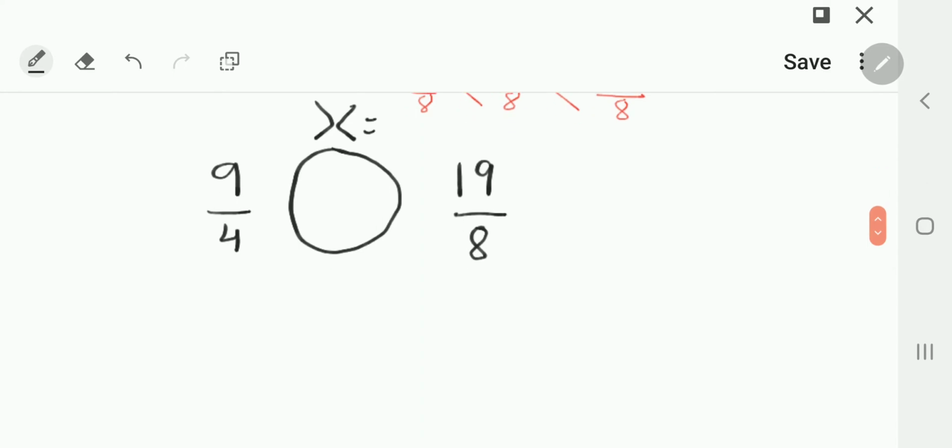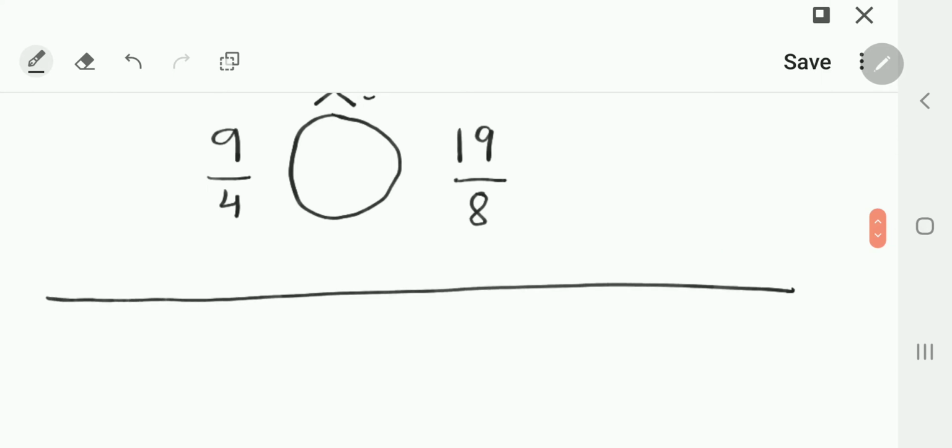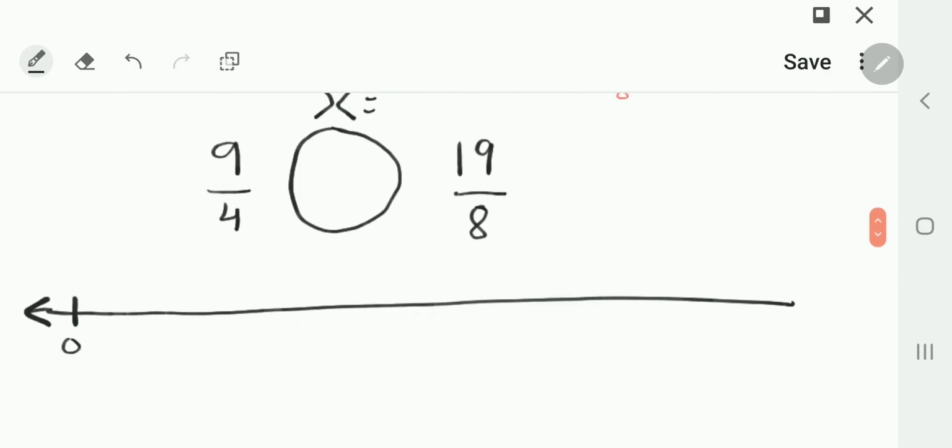So the way to do it, I have to line them up on the same line, meaning the line that I always use, I start from 0 and then I do 1 and then I do 2, maybe I do 3, but let's see if I need 3 or I don't need 3.